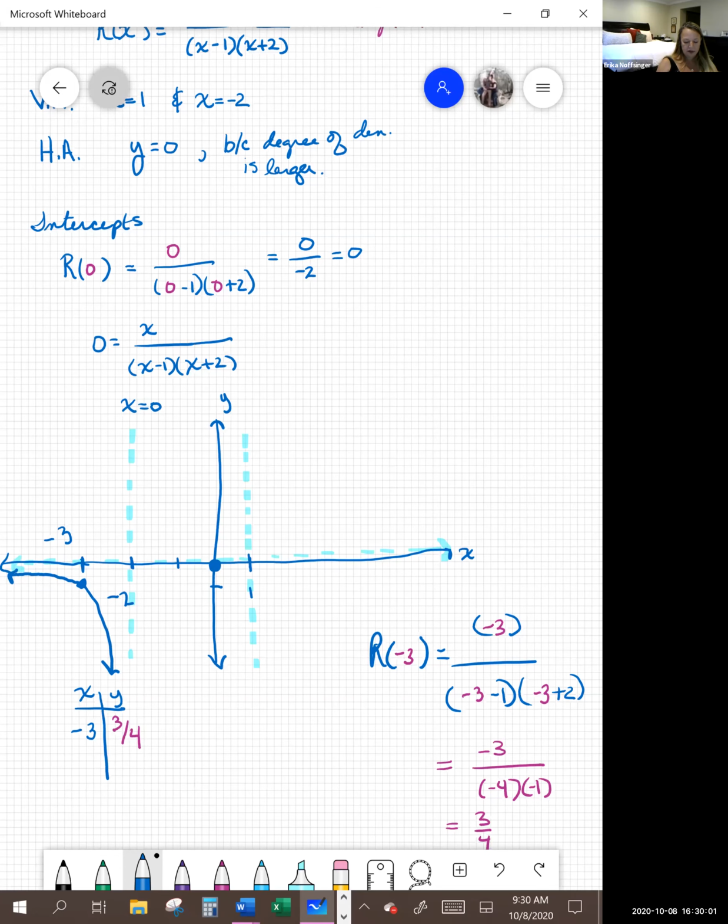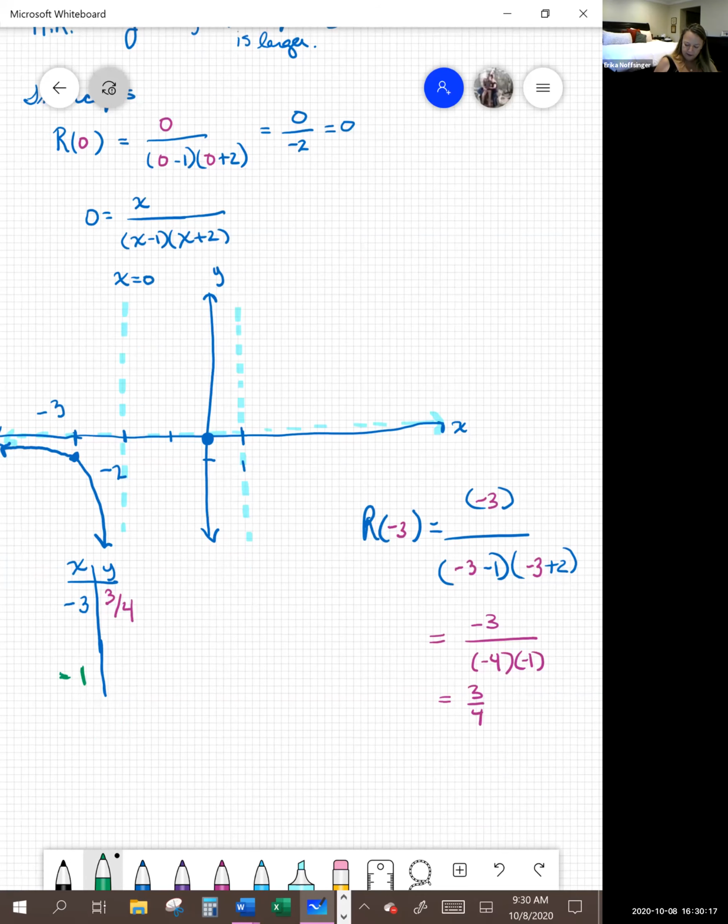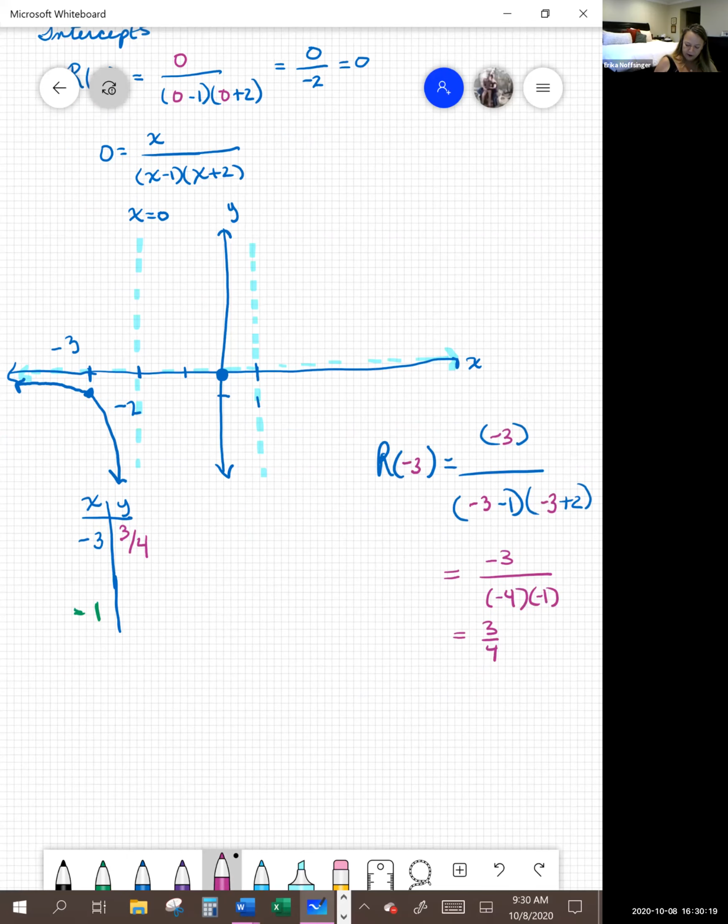Same sort of idea. We have 1 point in here, and we need at least 1 more point. So let's look at what's happening at x equals -1. If we plug in -1 wherever we see an x, we have r of -1.